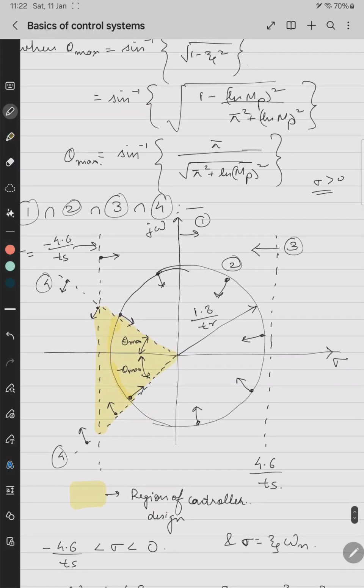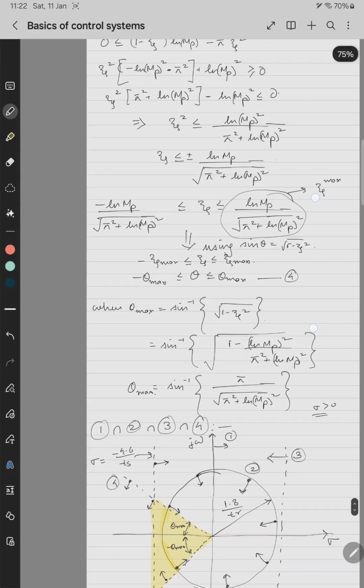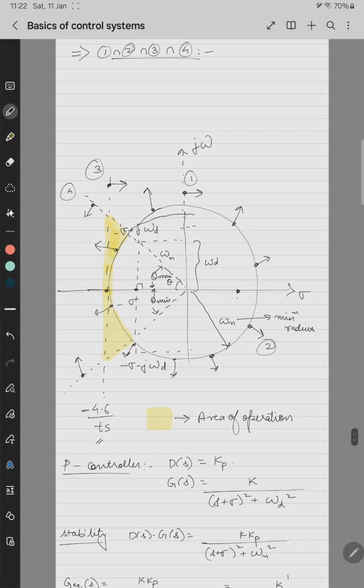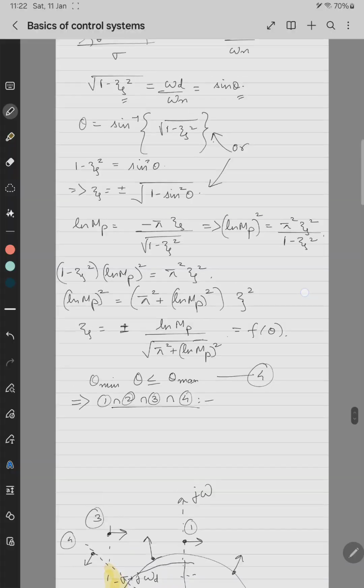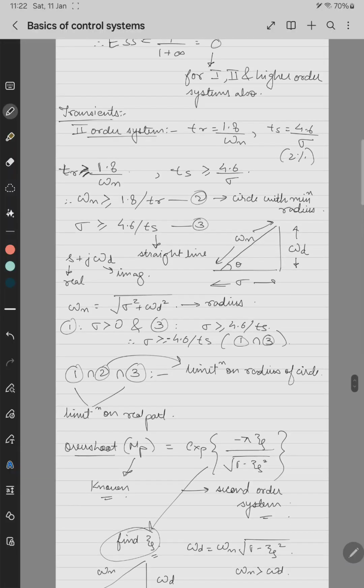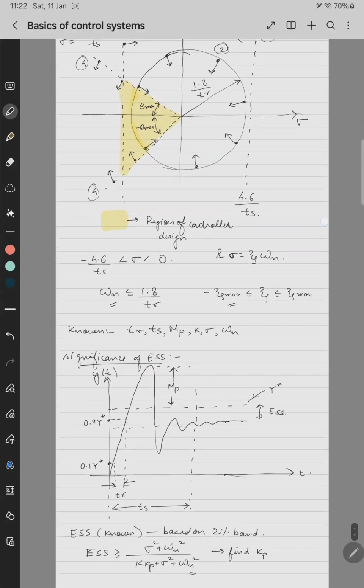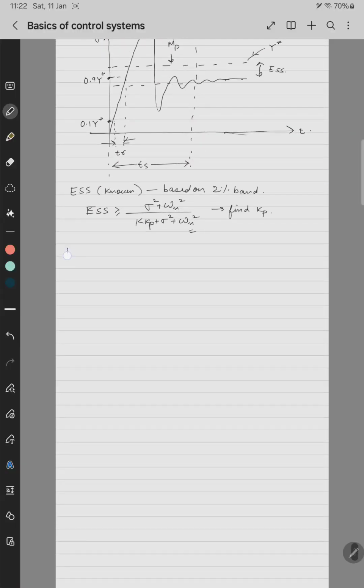In the last lecture we have seen the tuning of PI controller using a second order plant. So actually there was a slight mistake here, and I'll rectify that mistake. Let's see what is in the case of PI controller.